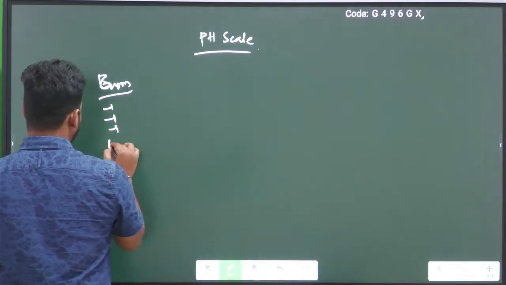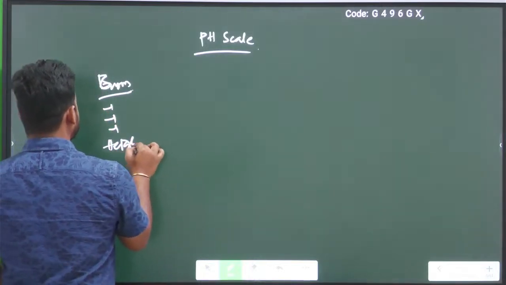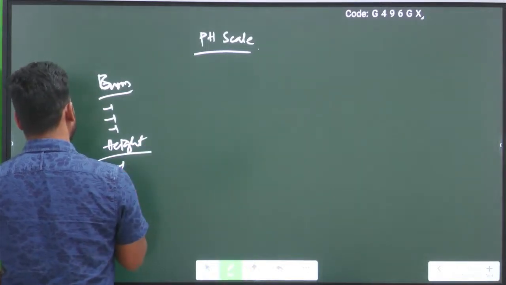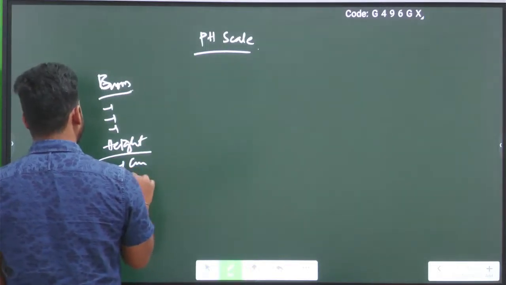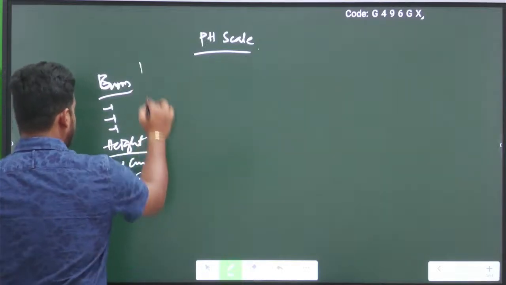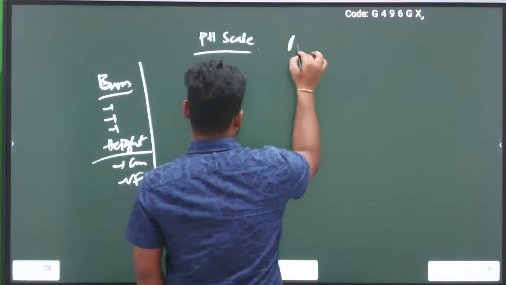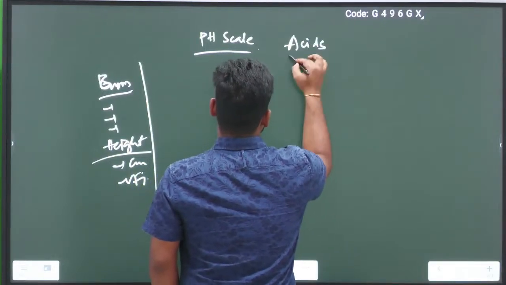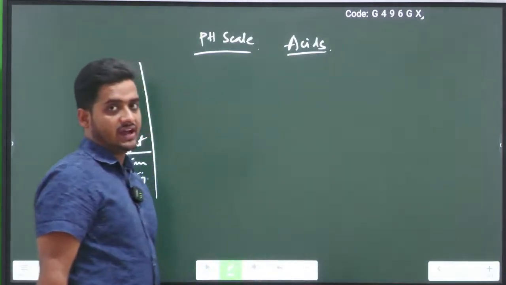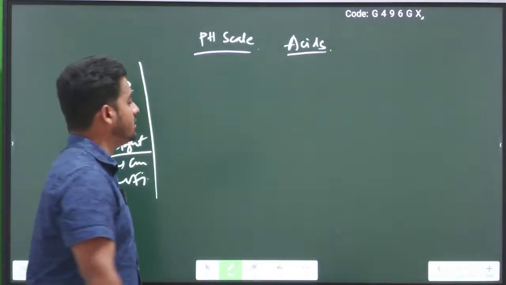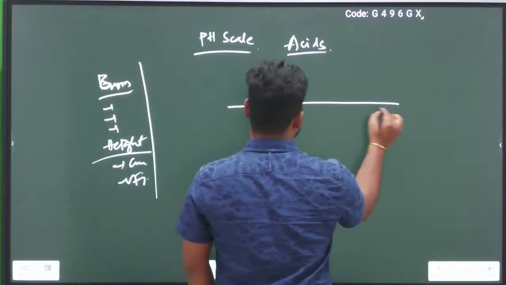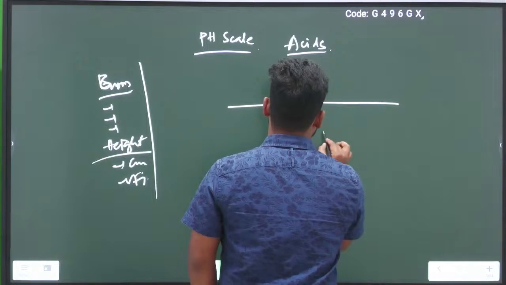If you go to a competition, you measure your height in centimeters, feet and all. In this way we are going to measure the strength of an acid and the strength of a base by taking a scale. This is the measurement scale.